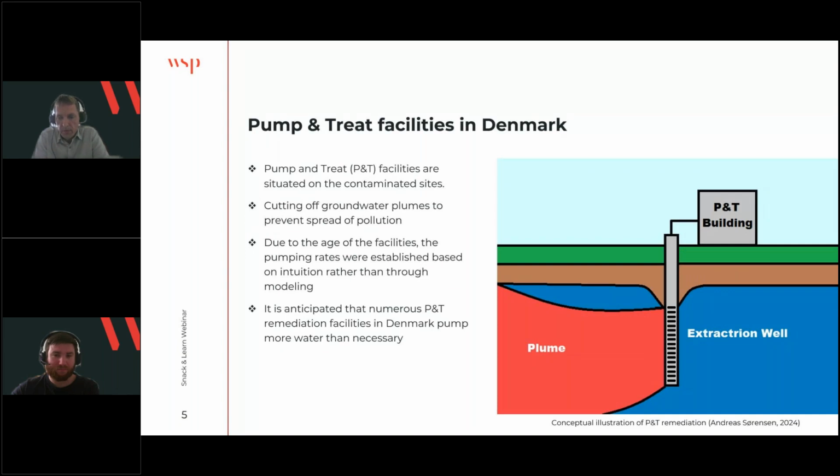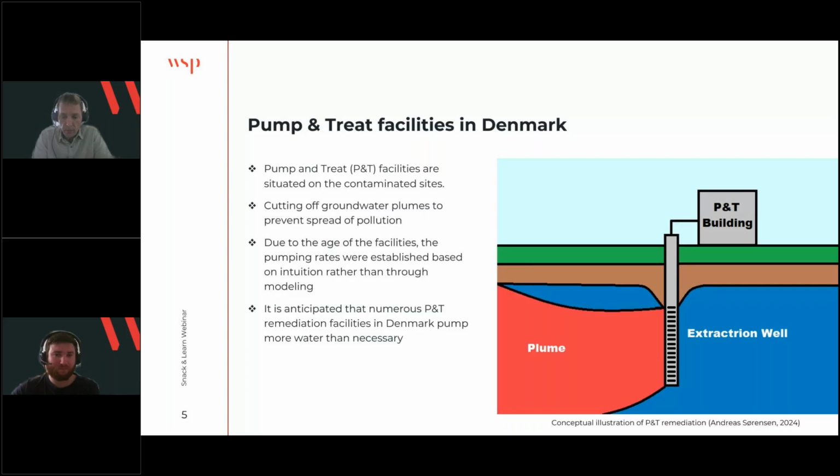What is pump and treat? In Denmark, we use groundwater for drinking water. We have a high population density in Denmark, and in some areas the waterworks are not far from industrial districts. Therefore, groundwater plumes often pose a risk.